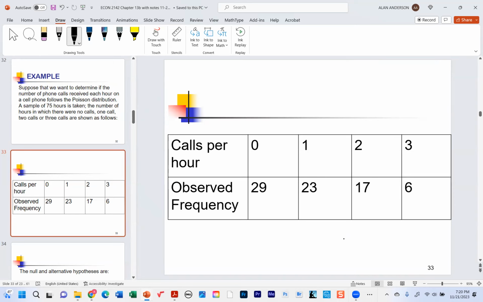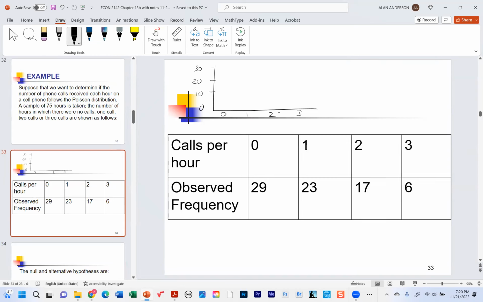If you wanted to draw a little histogram, you could certainly do so. And it's a little awkward with this tiny little graph, but we can do it.